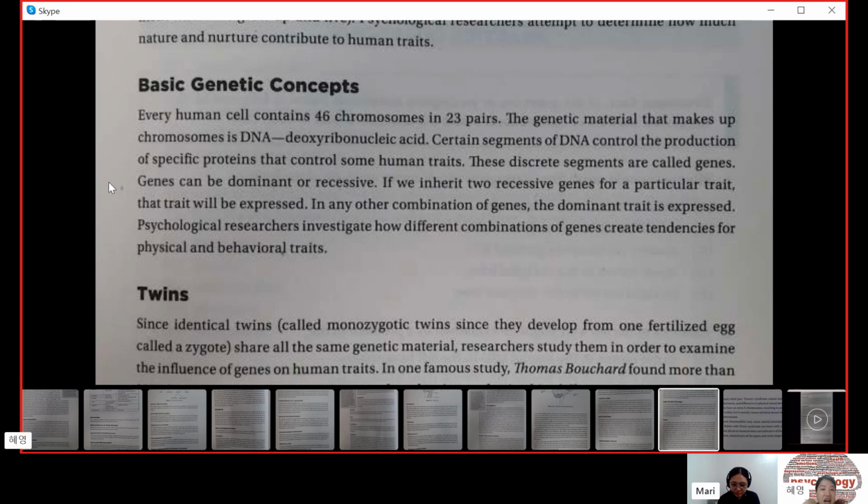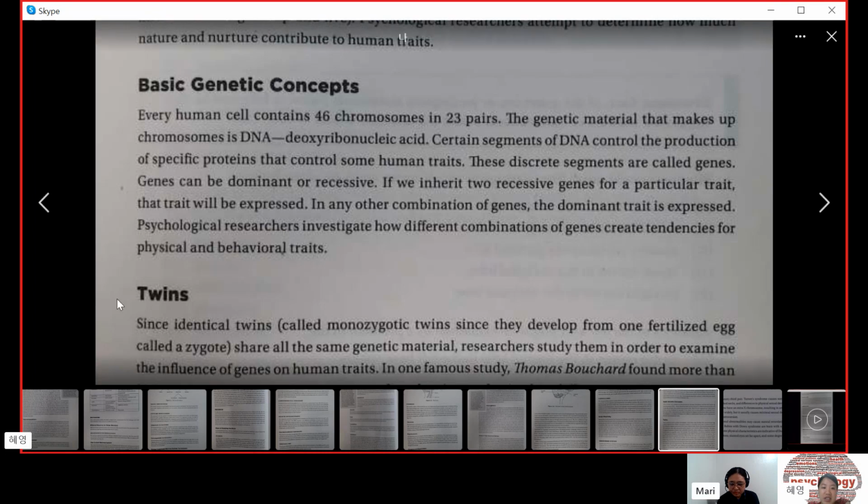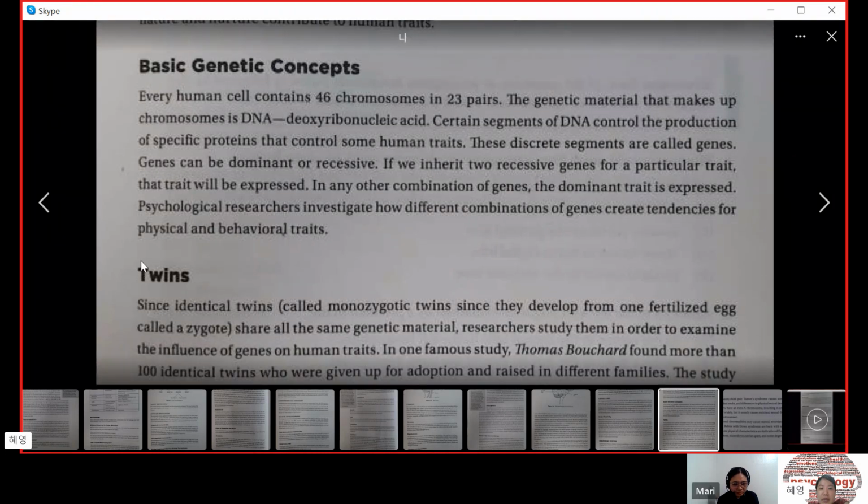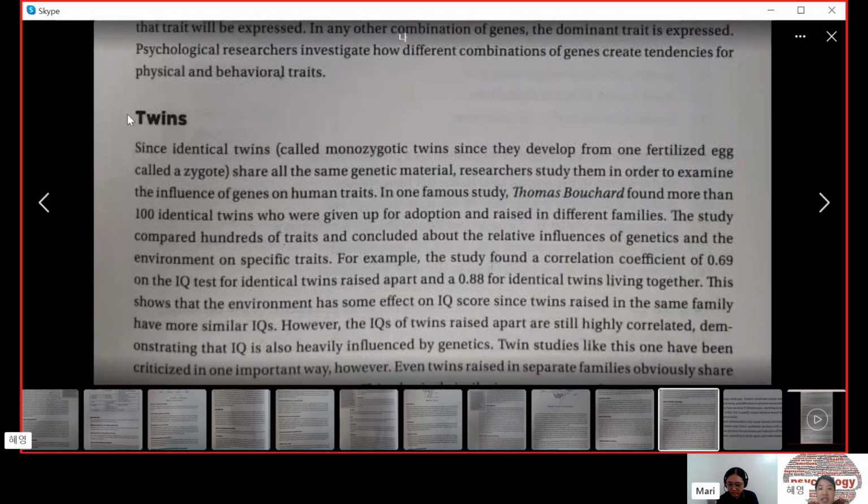In any other combination of genes, the dominant trait is expressed. Psychological researchers investigate how different combinations of genes create tendencies for physical and behavioral traits. So there is a very famous example.